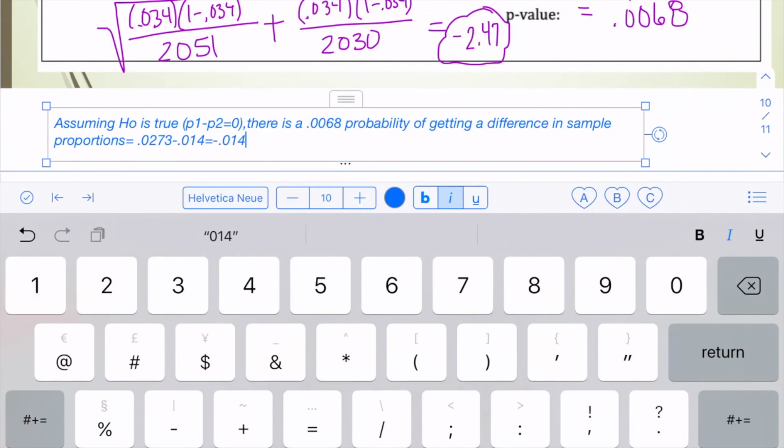So notice we got on the negative side, and that's what we were hoping for, to show that the gemfibrozil proportion is actually smaller.